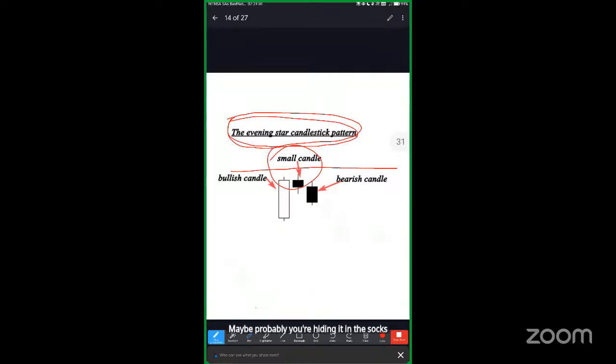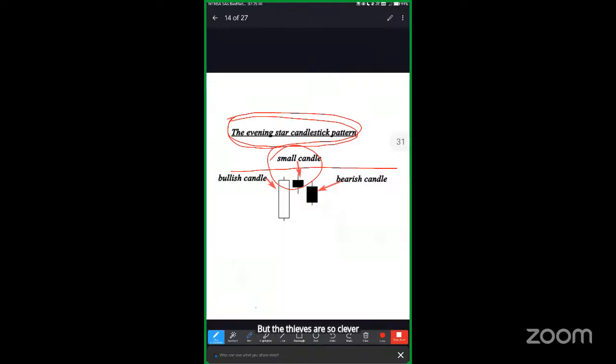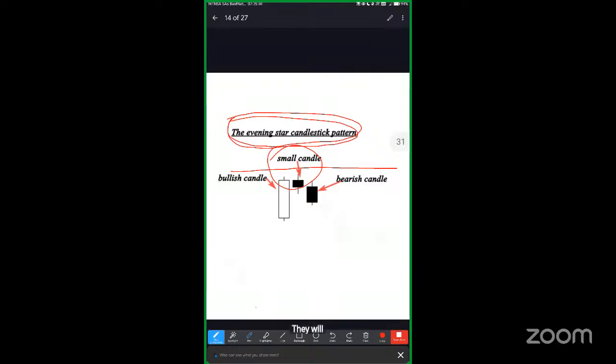You take the money and put it inside the socks of your shoes. You remove the shoes, you put the money, then you wear your shoes again. But the thieves are also clever. They will tell you, remove your shoes, because they know that you might be keeping some money under your feet there. They will make sure that they search you properly.